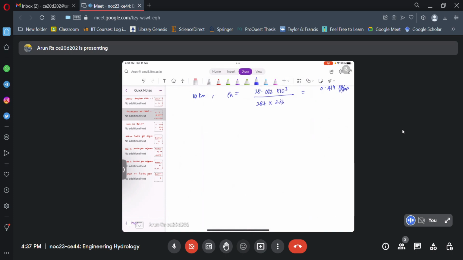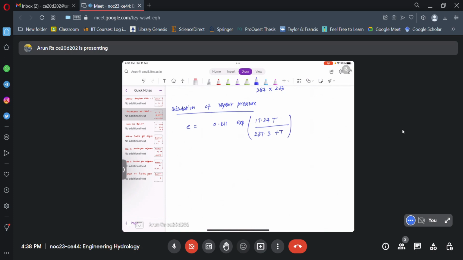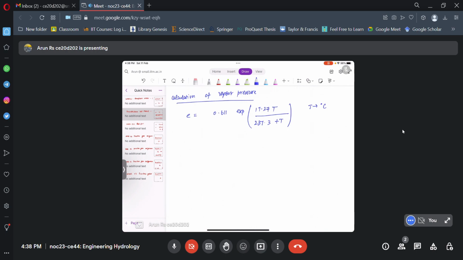So next we need to determine the vapor pressure at each of these levels. And we know this expression already from the previous lectures. Here temperature is in degree centigrade, and you will get E in terms of kilopascals because I have used 0.611 here.